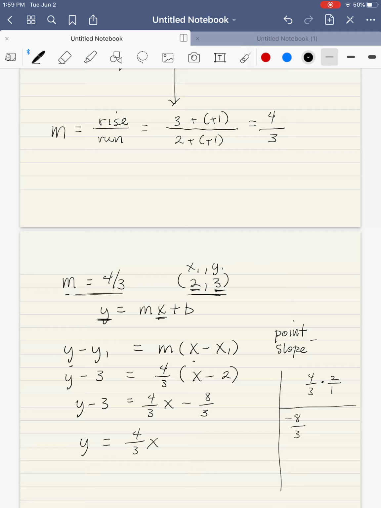And I see that if I have negative 8/3 plus 3, 3 is the same thing as 9/3. So I need to try to get the same denominator here. So I'm going to multiply this by 3 over 3, because that's just 1, and that gives me 9/3. And negative 8 plus 9 is 1 over 3.